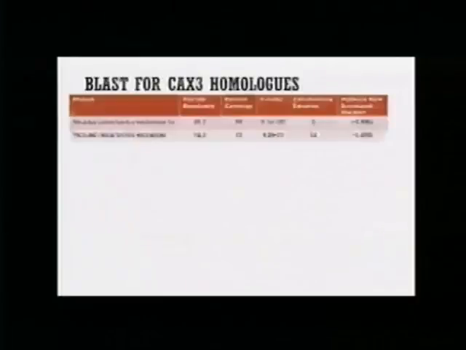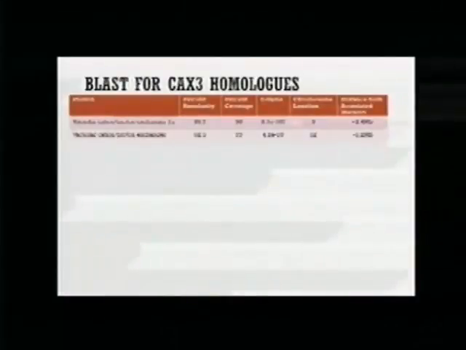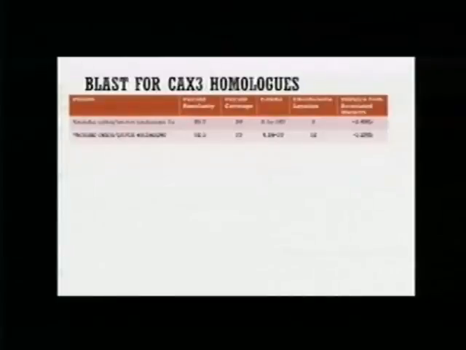So I went through and I blasted the potato genome for the CAX3 sequence, and I found it was very similar to a vacuolar cation proton exchanger 1A. It had a nice low E value, and interestingly enough, these were very close to the markers that I pulled, but still within the significant range of the QTL that we identified.